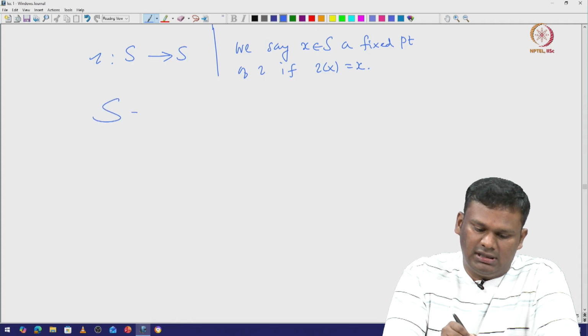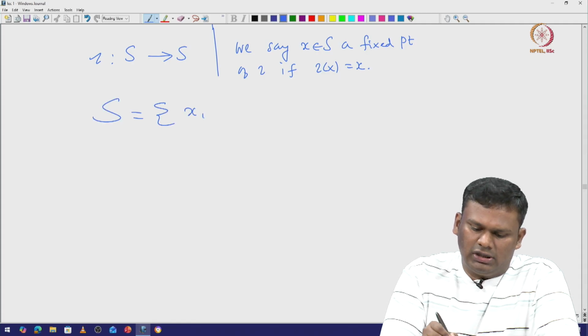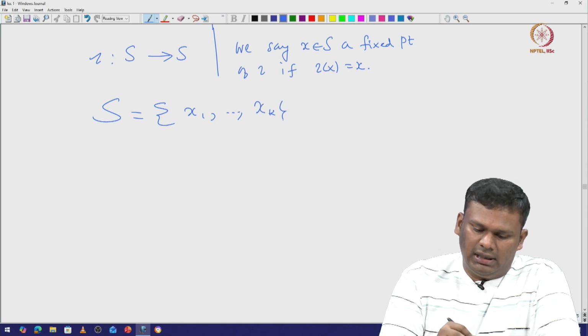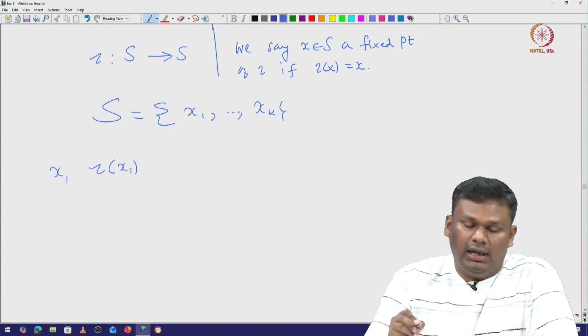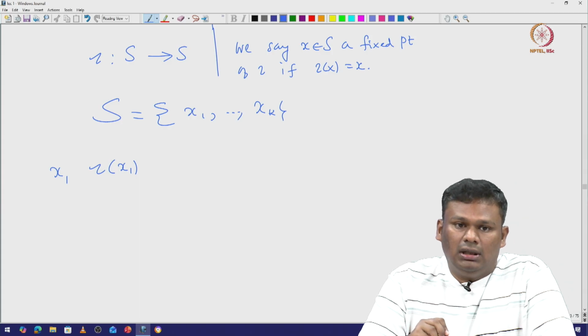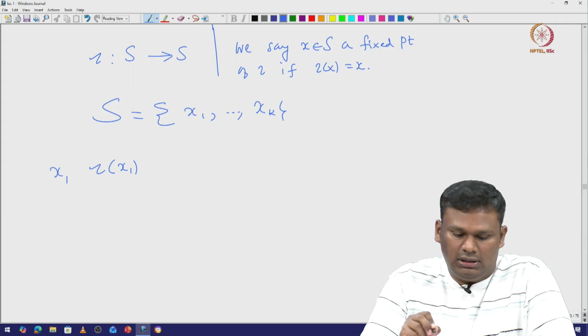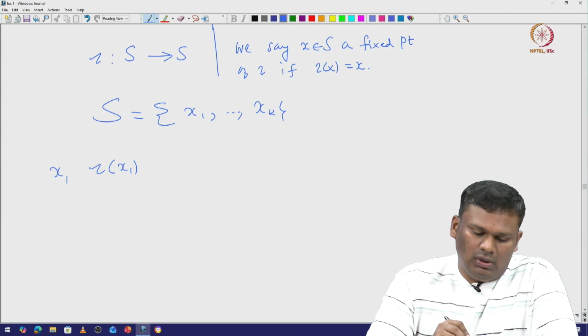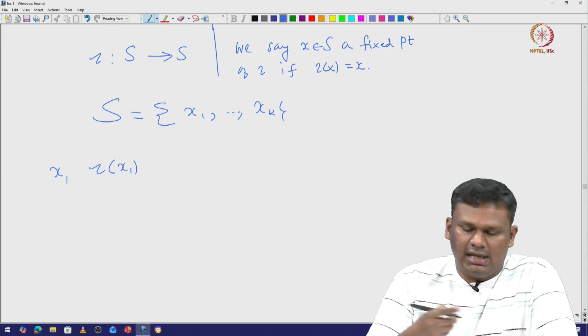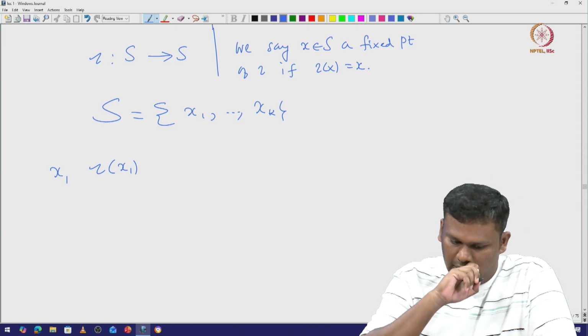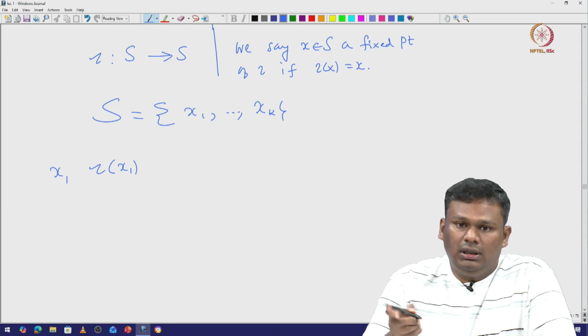Let us say S is given to be x1, and so on up to xk. Now I can look at iota applied on x1. So, x1 is there and then iota of x1 is there. Now, either x1 is equal to iota of x1 or not. If it is equal, I can just take x1 only, and I am not going to worry about its image. If it is not equal, I just pair it with that image.